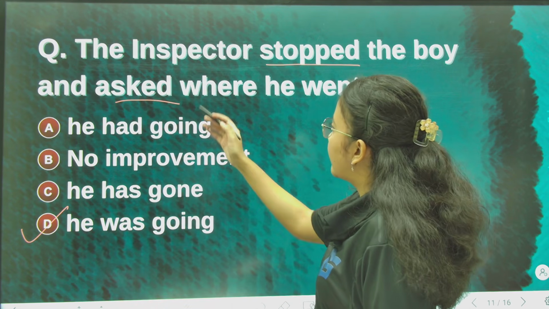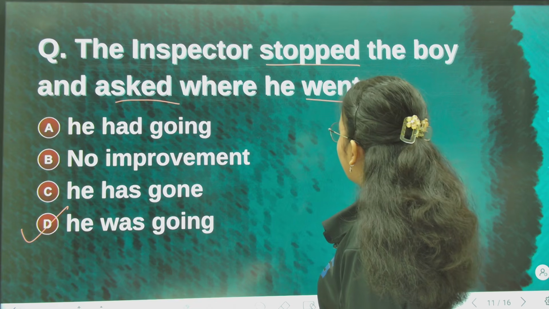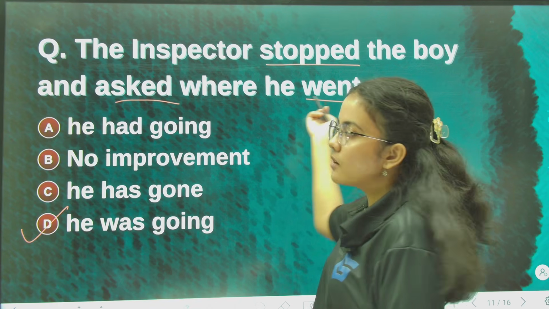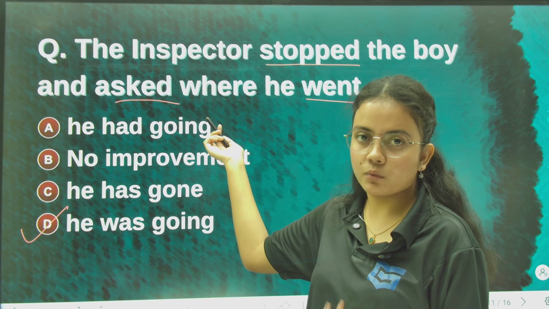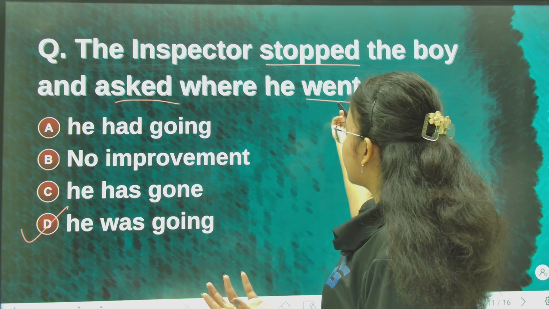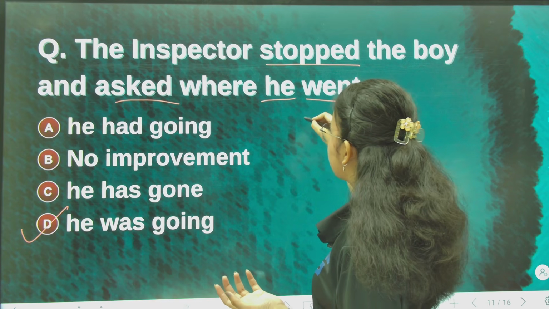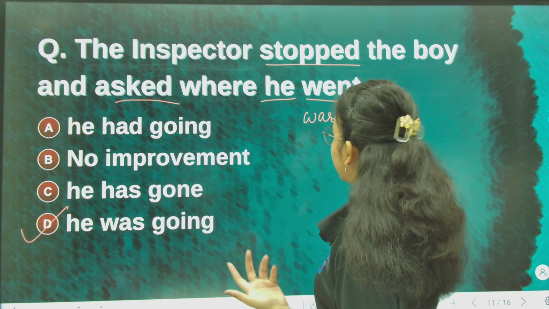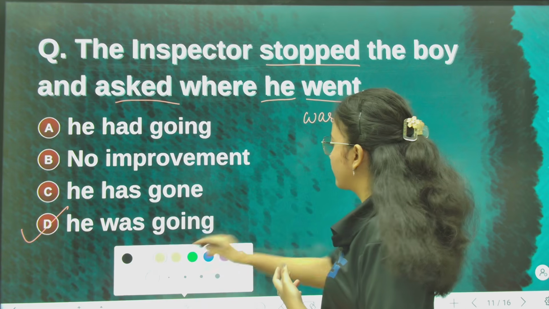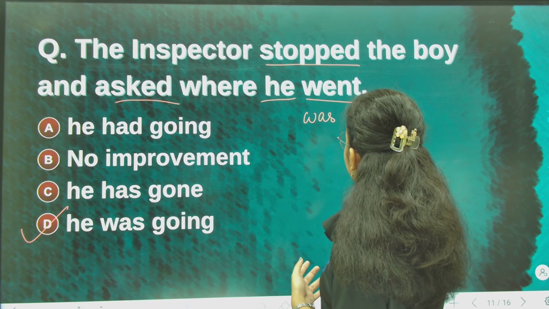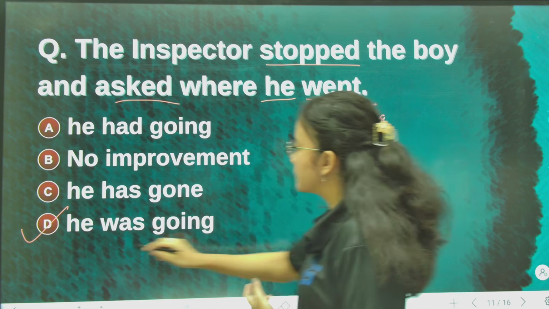And asked where he went is not correct, where went is the simple past form of which word? Go. So if we use the continuous form, he is singular, so was, the past continuous form, going: was going. So this is the correct answer.